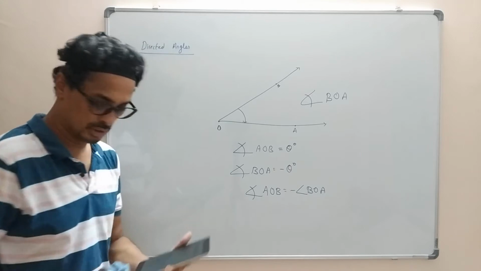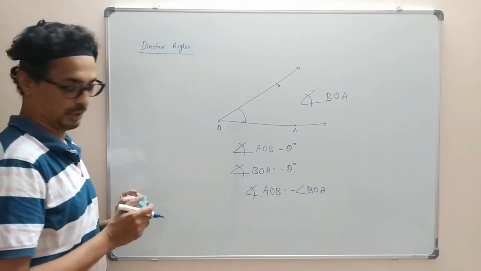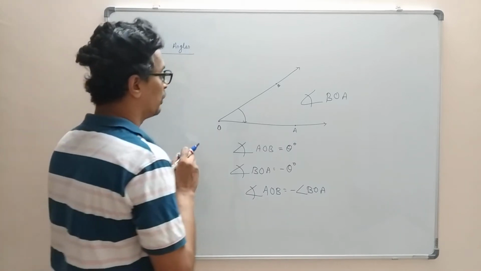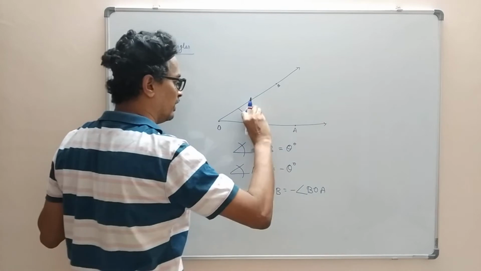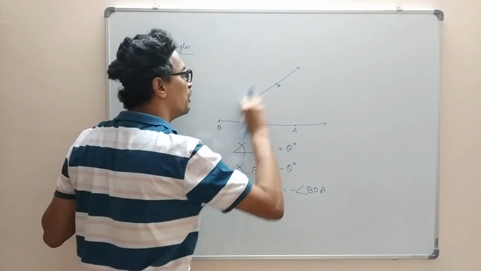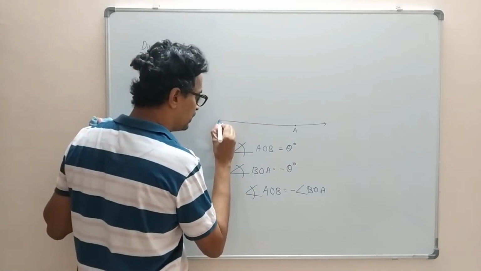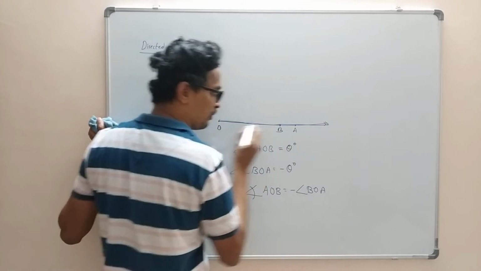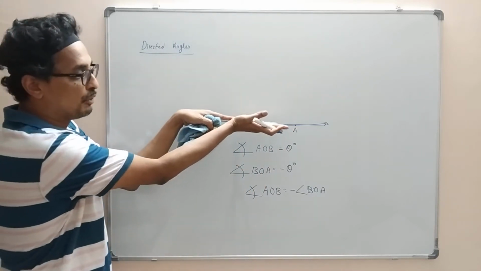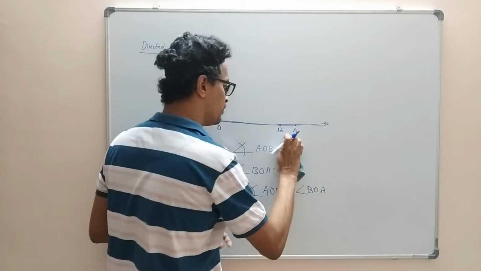So now let us see when these directed angles can be equal. When we rotate this angle by 0 degree, that means the initial position and the final position of the ray are the same, if the angle between them is 0, then angle AOB is equal to 0 degree.